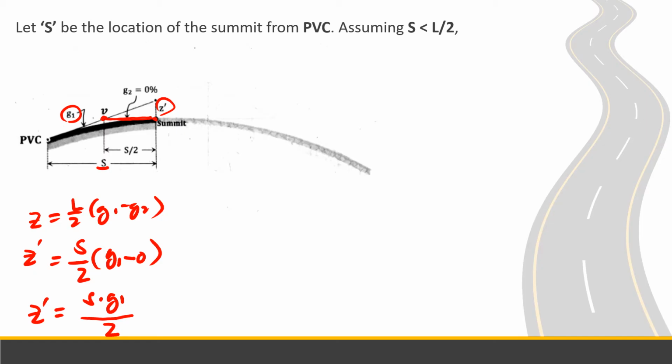From the parabolic property, x squared over y equals L over 2 squared over h.